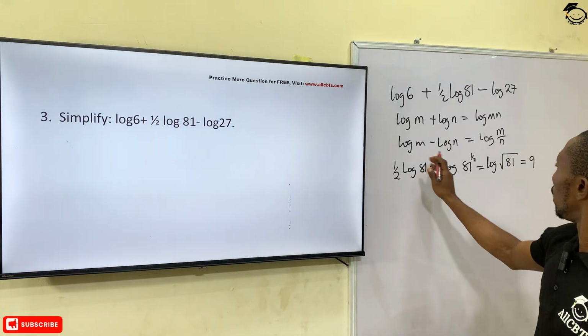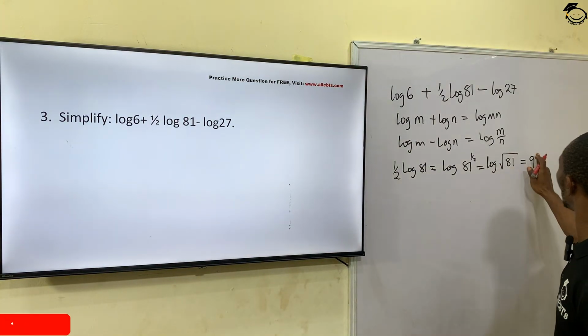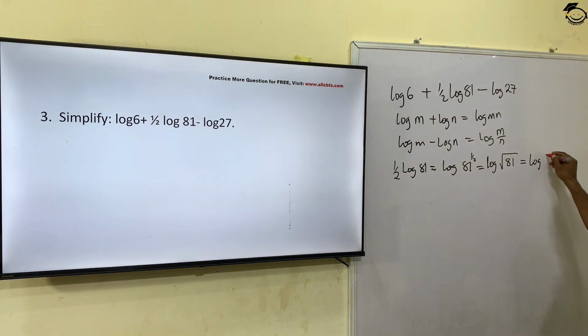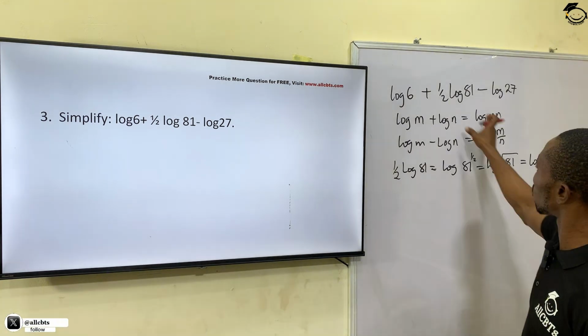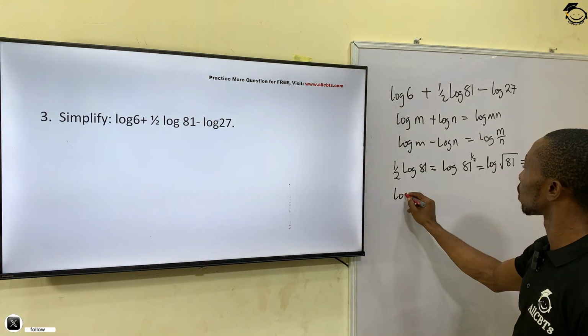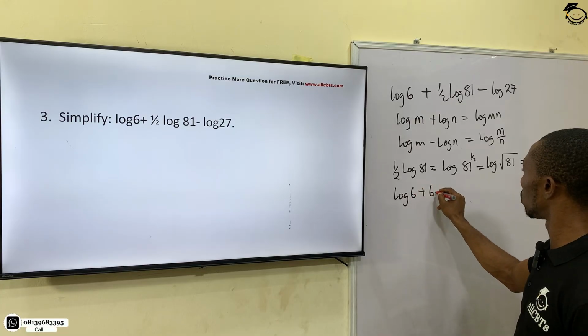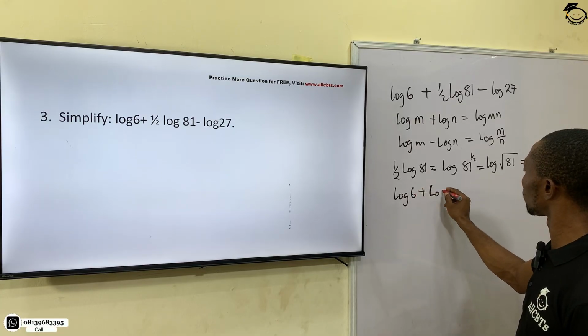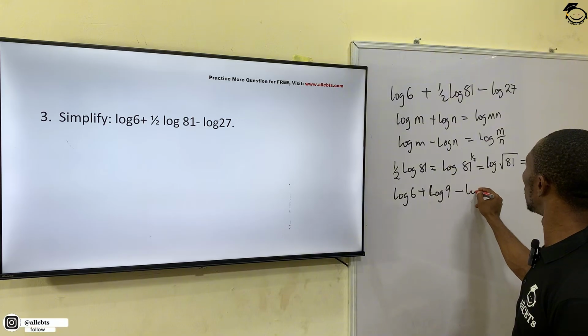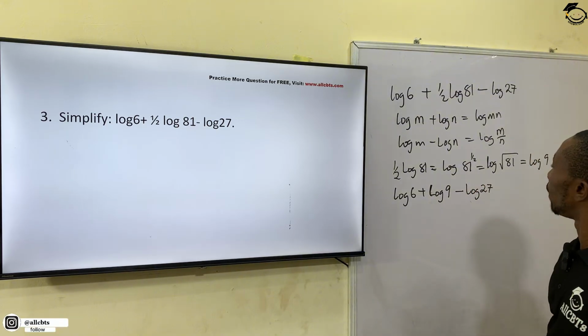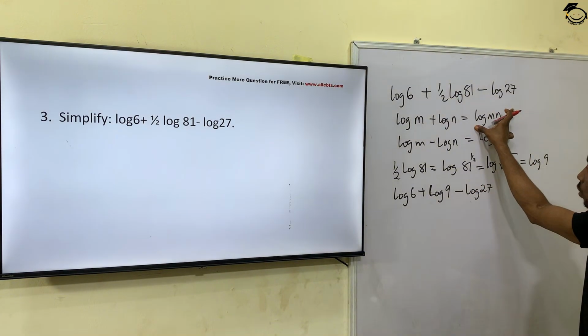Okay, so imputing this as log 9, we have this as log 6 plus log 9 minus log 27.